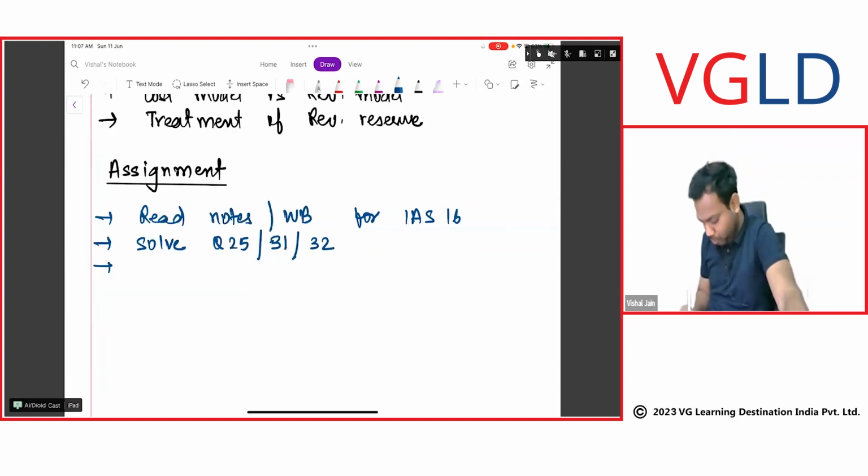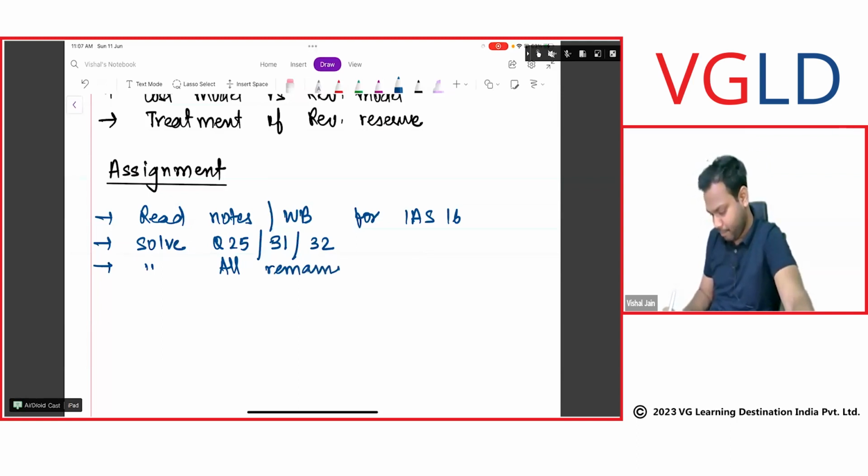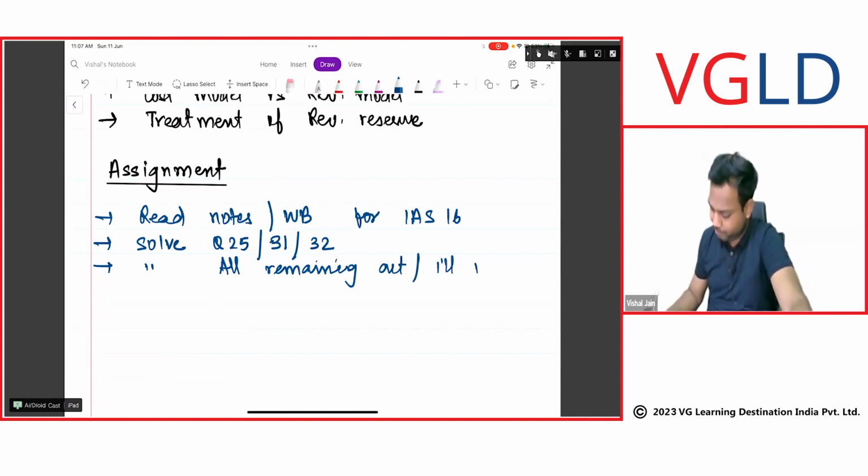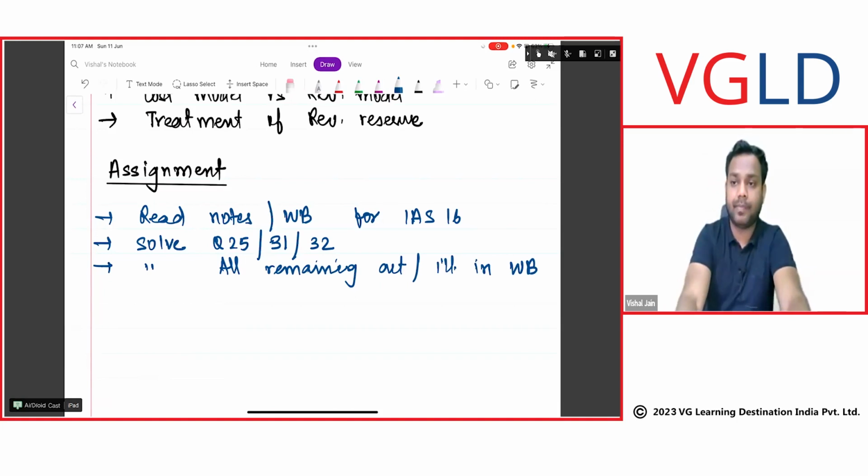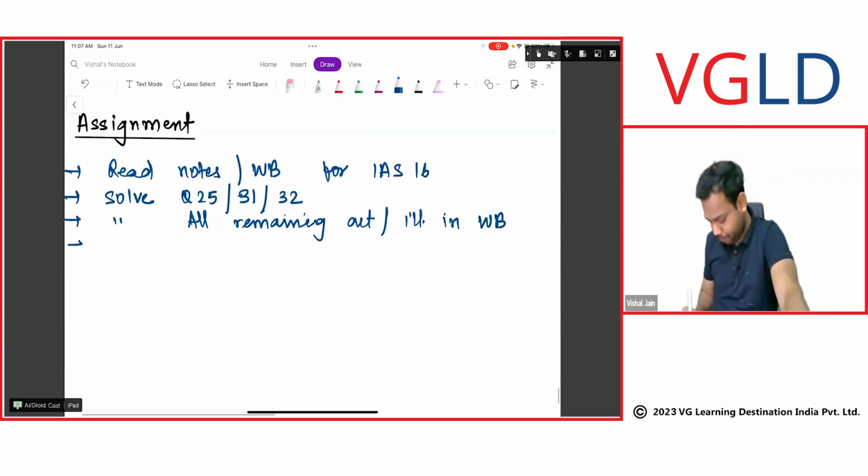Solve all remaining activities and illustrations in the workbook. Then read the technical articles.